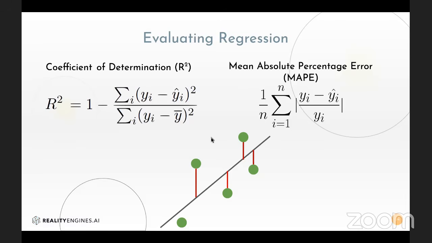Some other metrics include coefficient of determination, or R squared, and the mean absolute percentage error. These metrics are less relative to the data, and they're more calibrated. Coefficient of determination gives you the fit of your data, how well your model predictions fit the data.